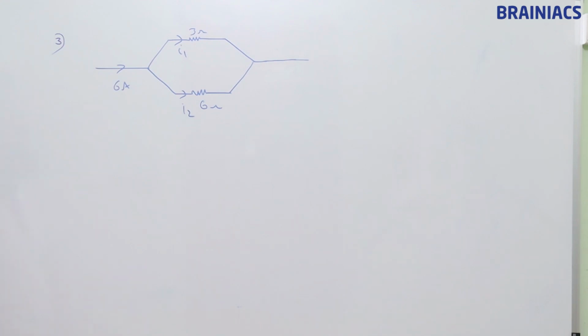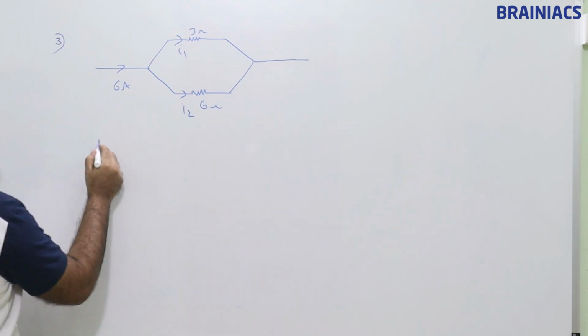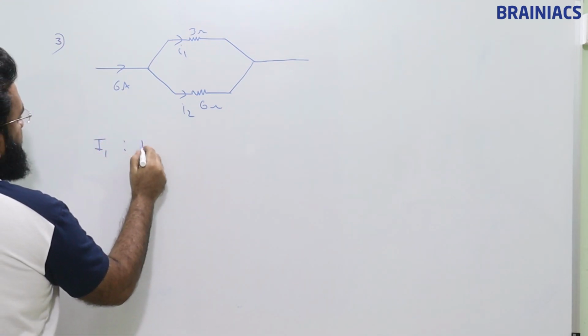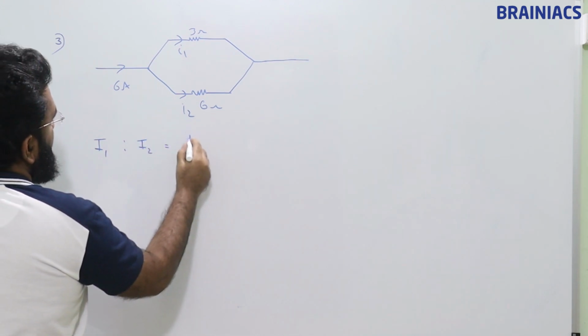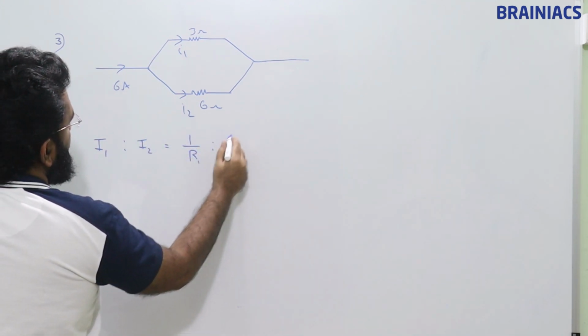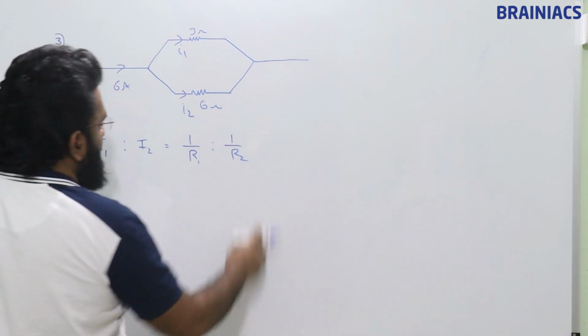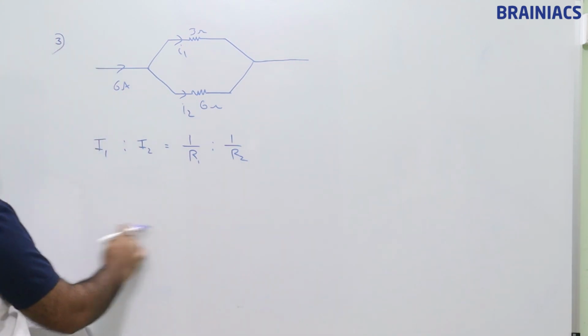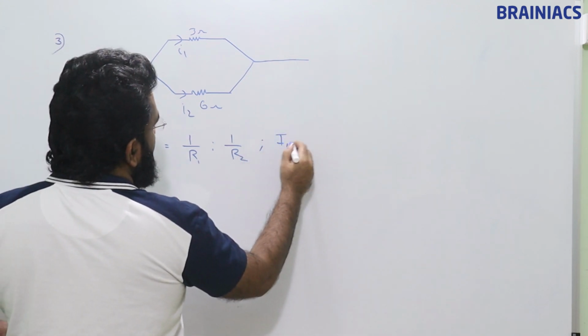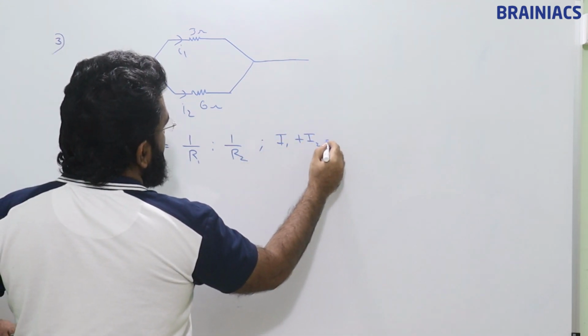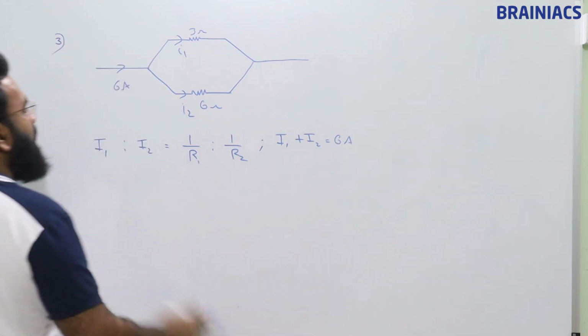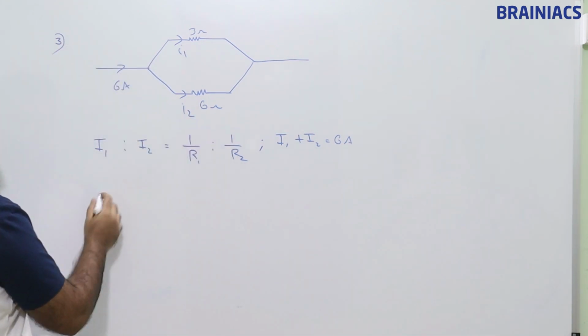So how to find this? We know the ratio I1 is to I2 is equal to 1 by R1 is to 1 by R2. Another relation we know is I1 plus I2 is equal to 6 ampere, or I. Right.